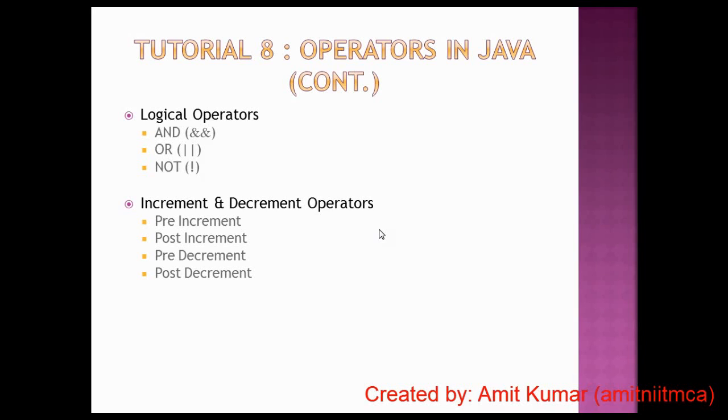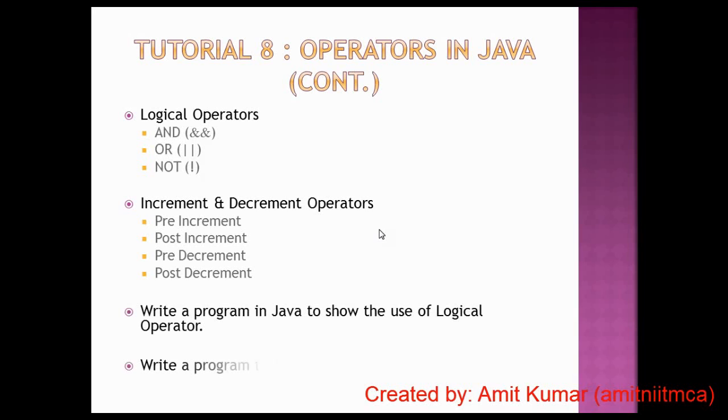And decrement operator is also used with two notations, prefix and postfix, as pre-decrement and post-decrement operator. So let's see a program to show you the use of logical operators, and then a program to show you the use of increment and decrement operator.